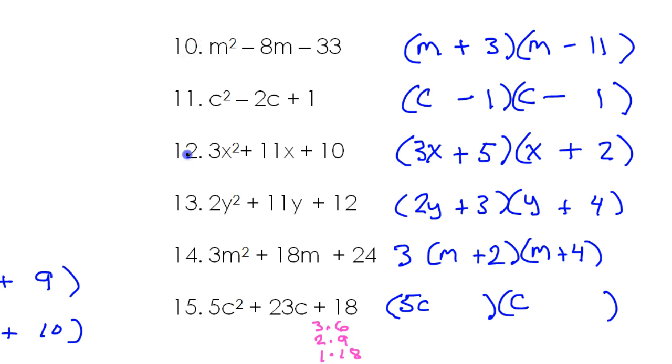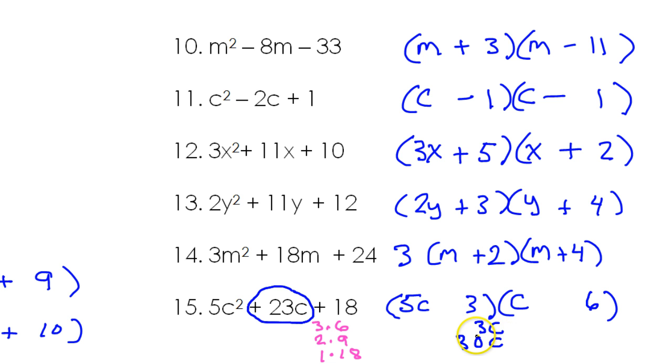Alright, I'm just going to go in order. So let's try 3 times 6 first. Remember, inner plus outer must equal the middle. So let me circle that. Inner, I have 3c. Outer, I have 30c.